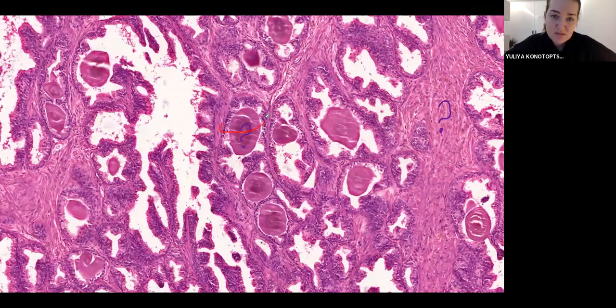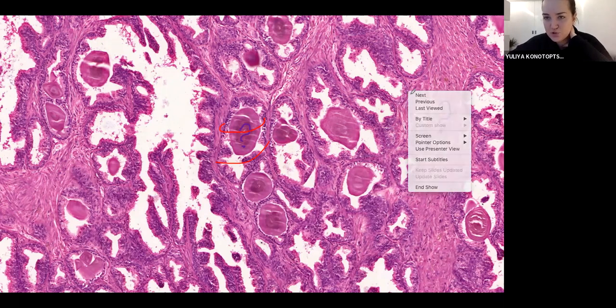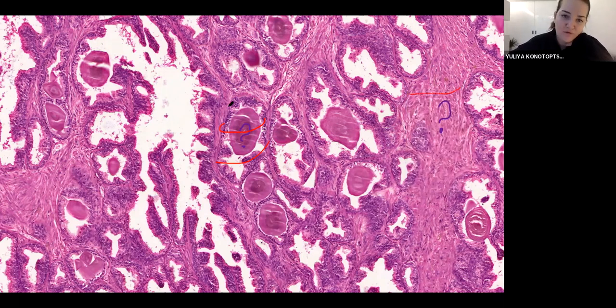These are the prostatic glands that are making seminal fluid, which is alkaline fluid rich in prostaglandins, ascorbic acid, some proteins, etc. And this is the fibromuscular stroma. Inside of these glands, you can see this. What is this? We already saw a structure like this in the brain.